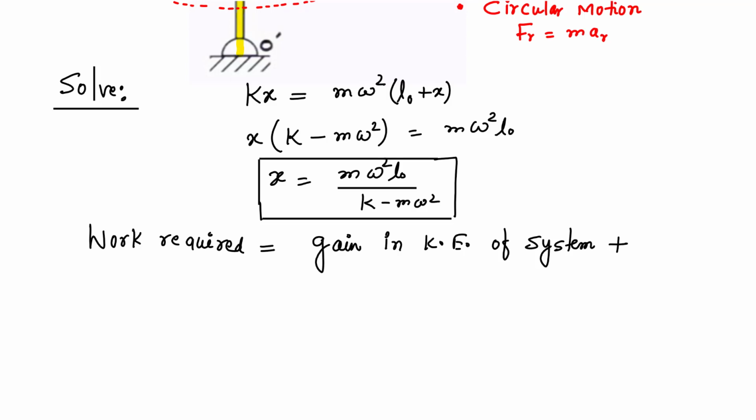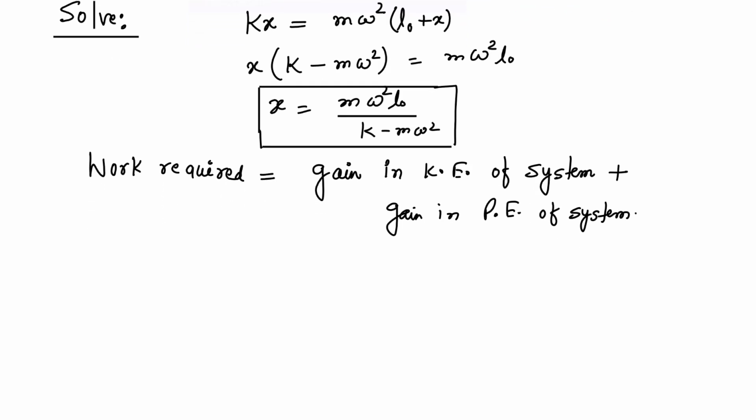In this case you have potential energy. The kinetic energy is stored in the sleeve, that is half m v squared, and v squared is omega squared times radius squared, where the radius is L0 plus x. So half m omega squared (L0 plus x) squared, and the potential energy is half k x squared.